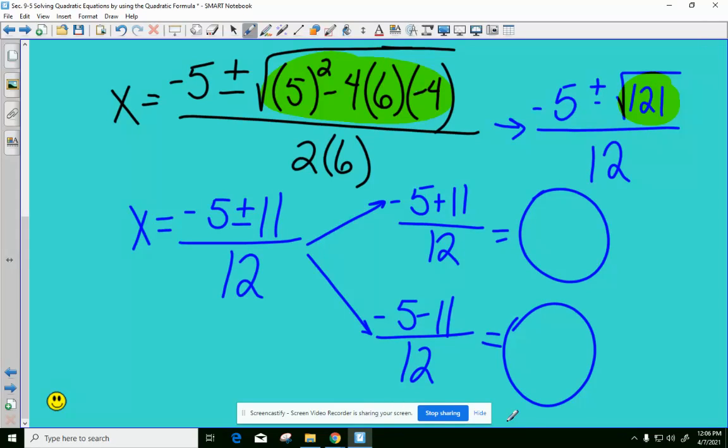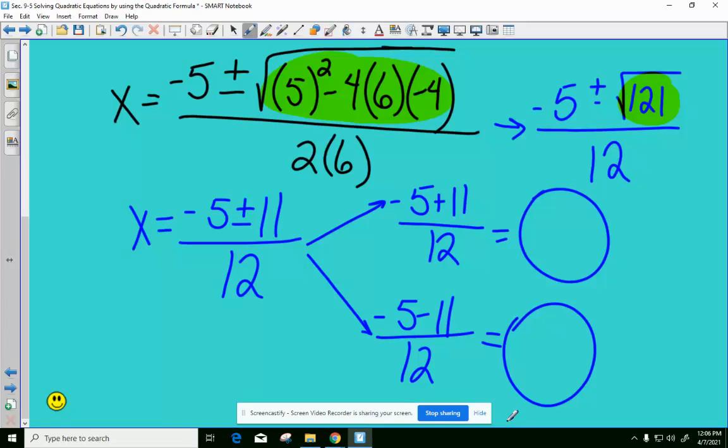Now, you're working on a fraction, so you're going to need an answer to the numerator before you divide it by 12. So don't just type it in your calculator in one string, because your order of operations will fail you. You'll do the division first, and that's not right. Okay. So on the top, what do you get? You get 0.5, right?